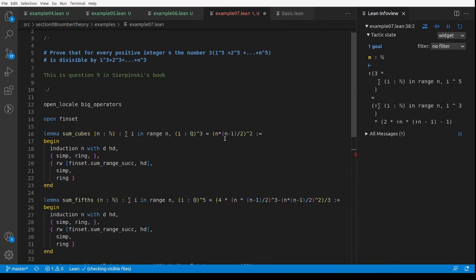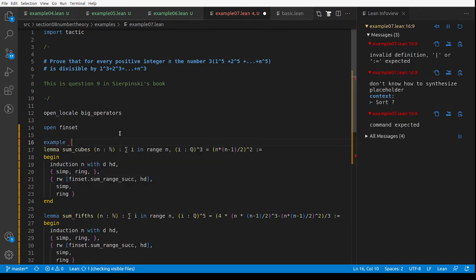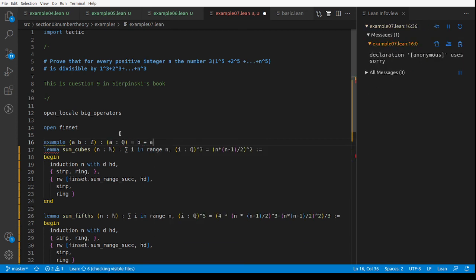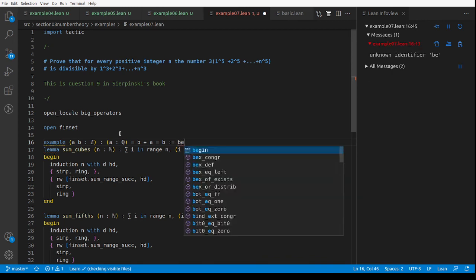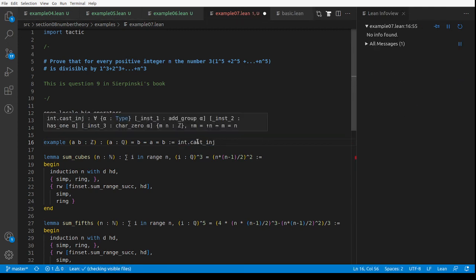So I need to know the name of that. I wonder if that has a name. So example, if a and b are integers, I claim that the rational number a equals b if and only if a equals b. What do you make of that, library search? Int cast inj. And what does int cast inj do?